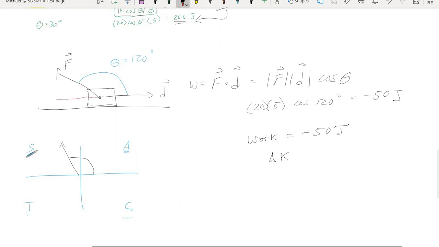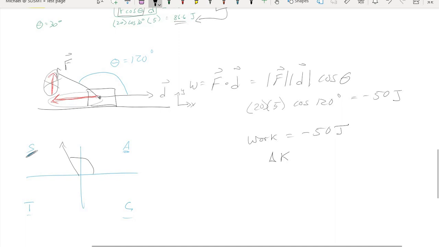We have one component of the force that is pointing in the negative x direction, and we have a component that's pointing in the positive y direction. Put those reference frames in right here. As far as this component of the force goes, that is perpendicular to the displacement vector, so we know that that component's not going to do any work.